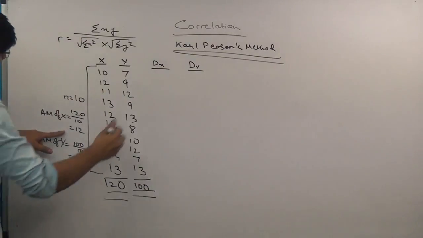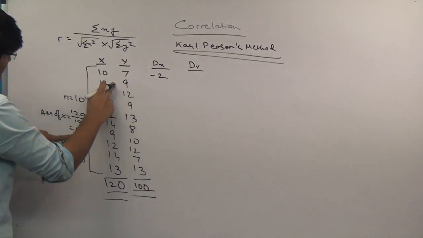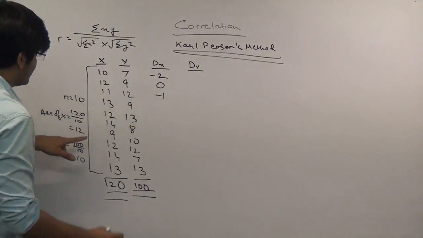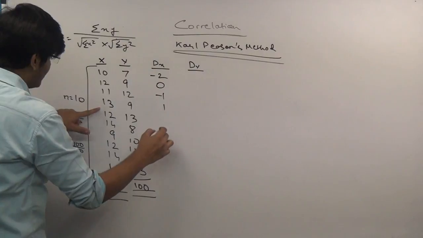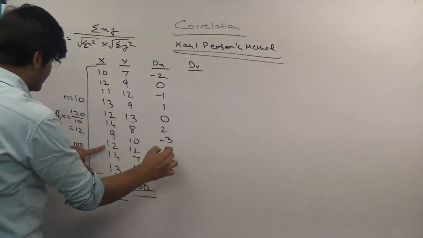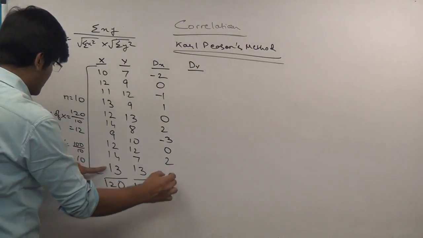So 10 minus 12 gives us minus 2, 12 minus 12, 0, 11 minus 12, minus 1, like this it goes on, 13 minus 12, 1, 0, 2, minus 3, 0, 2, 1.